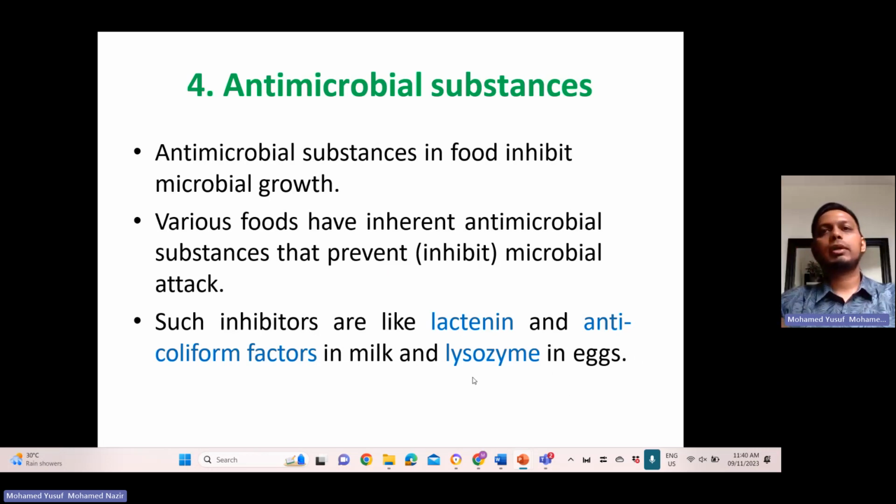These are some of the antimicrobial substances that can be found in milk and also egg. There are many other antimicrobial substances, especially in spices, that can inhibit the growth of microorganisms.